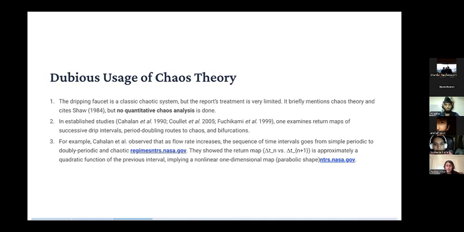For example, in established studies like Cahalan in 1990 and Coullet in 2005, we can see that return maps of successive drip intervals are required, and also things like period-doubling routes to chaos and bifurcations, all of whose quantifications and graphs are not present in her presentation.